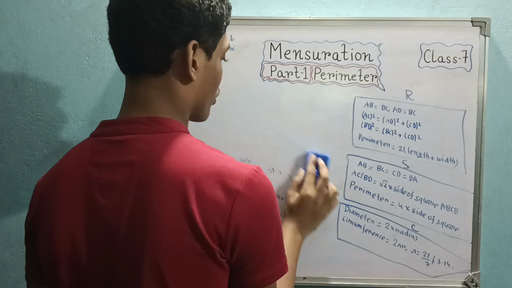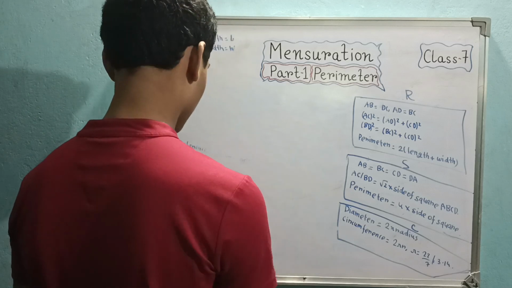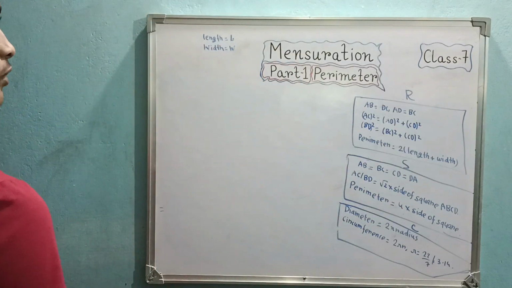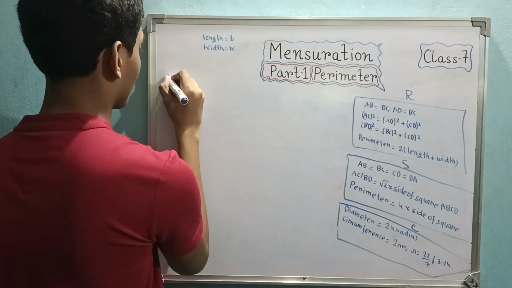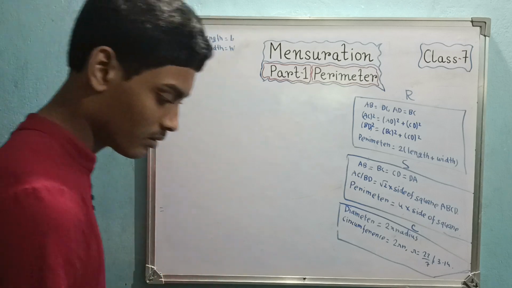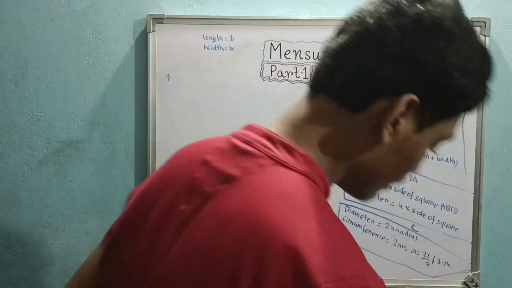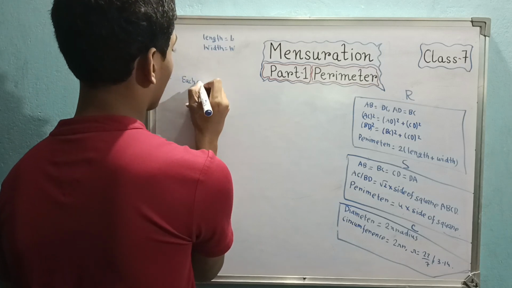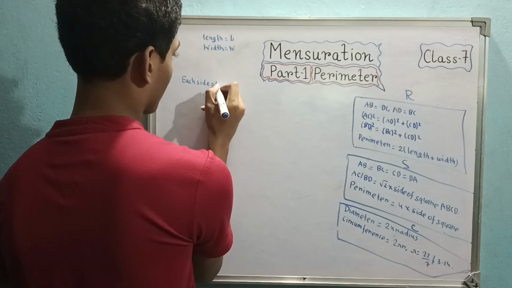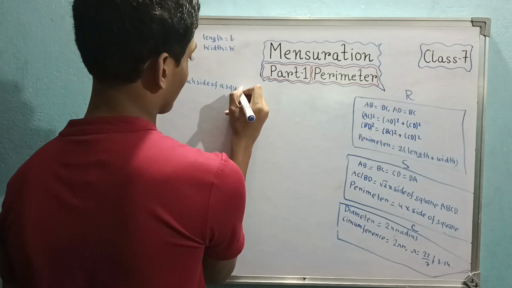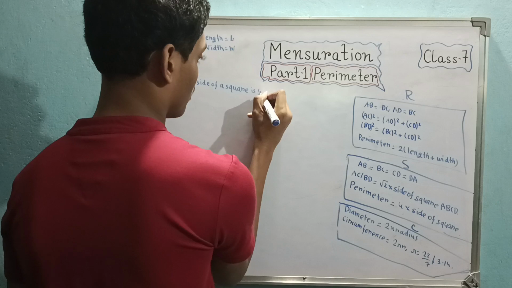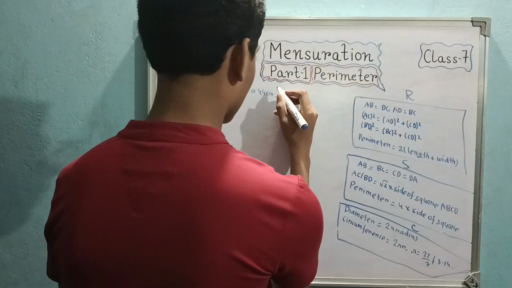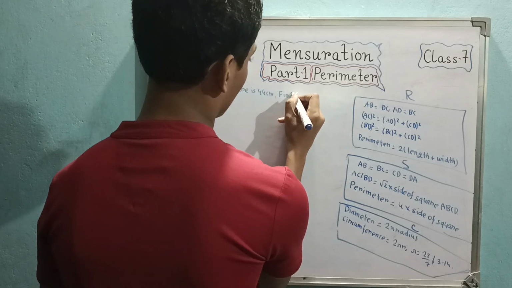Yes, we have the last one for today. Let's do that. Let's finish mensuration part 1 perimeter, class 7. Question 9. Each side of a square is 44 centimeter. Find its perimeter. What? That's so easy.